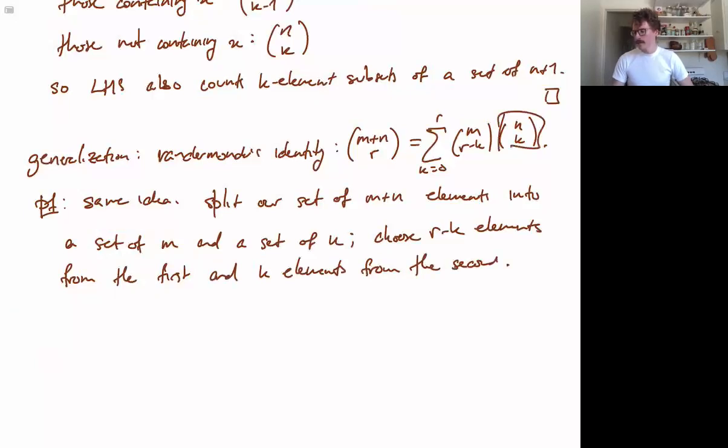That's this guy. And that's basically the whole idea. Then you just need to take the sum over all the different values of k, because you can take different amounts from each subset. So that completes our little proof sketch.